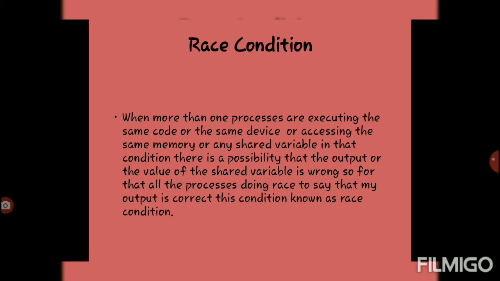The resource may be an IO device, the memory, or any resource in the computer. The competition between two or more running processes in getting the same resource is called race condition.